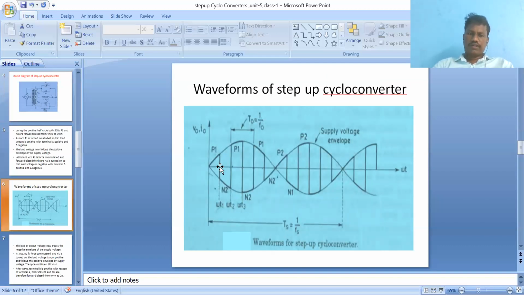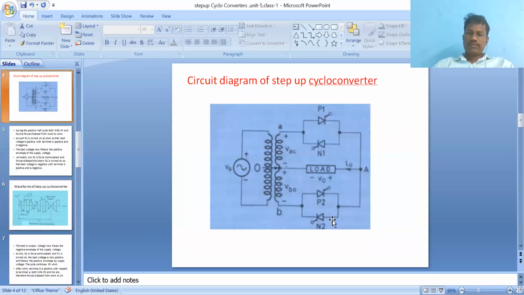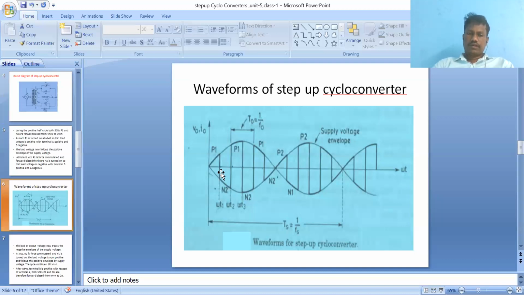During these conditions, P1 becomes off. How does it turn off? By applying forced commutation elements to P1; P1 comes in off state automatically. N2 is already forward biased, so once the firing pulse is given in the same positive half cycle, N2 comes in conduction state. The output voltage is produced like this, followed by the input. Clear?